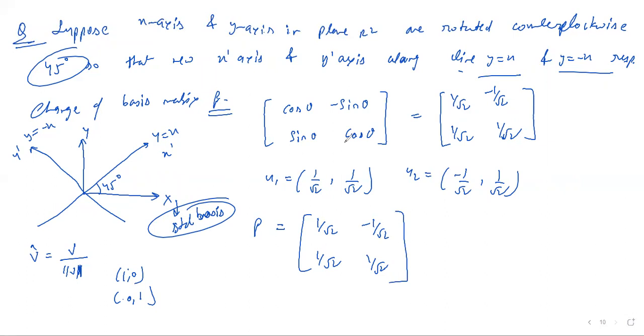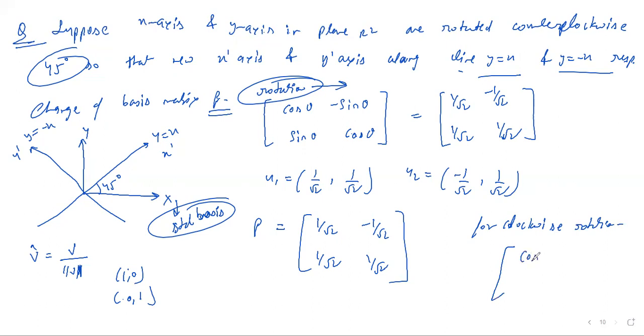Now there is one point to note here: this is my rotation matrix when the rotation is in the counterclockwise direction. If the rotation goes in the clockwise direction, then my matrix would be cos theta, sin theta, minus sin theta, cos theta.